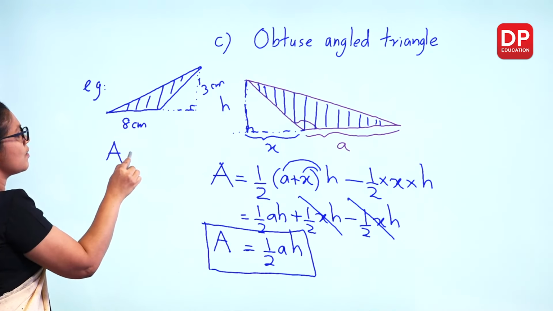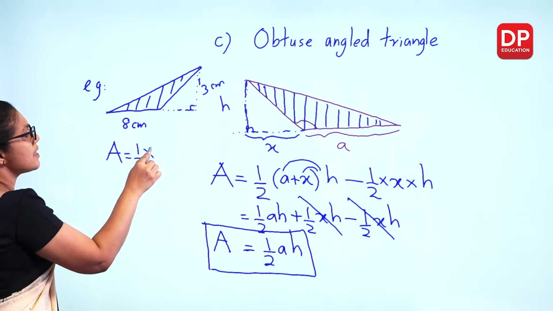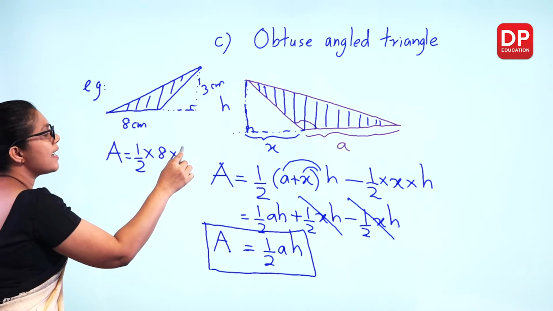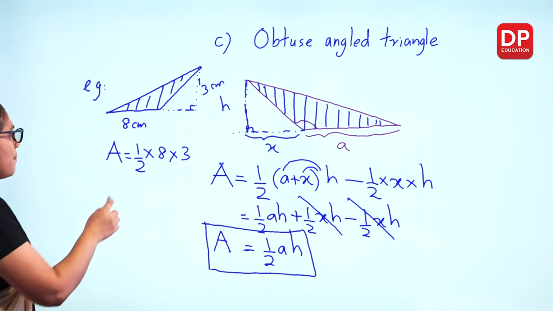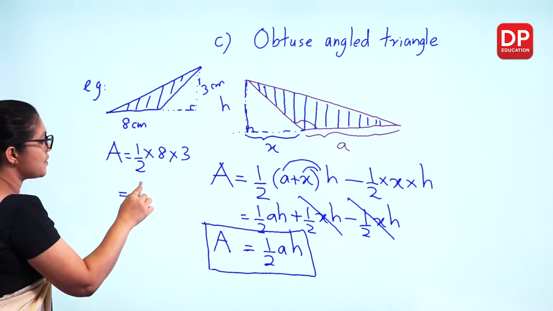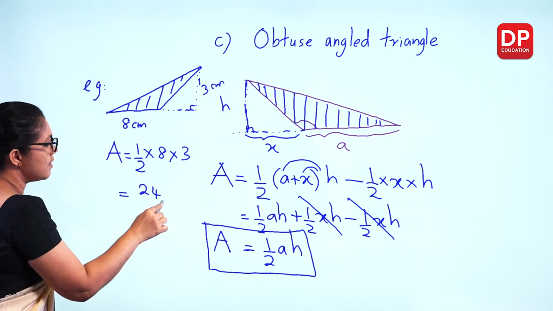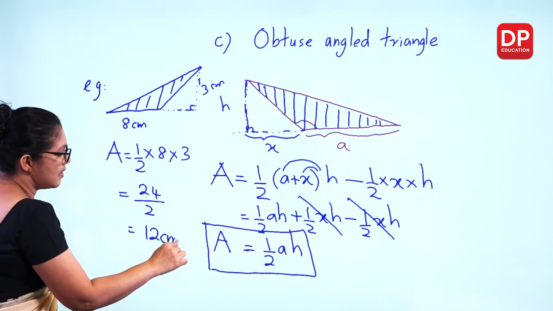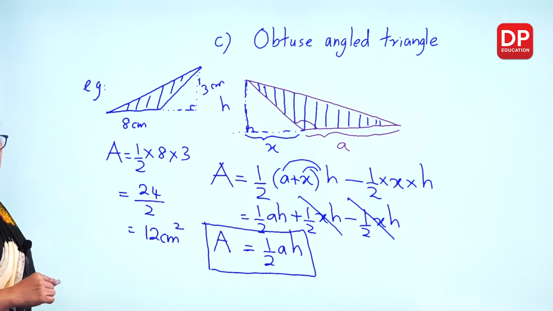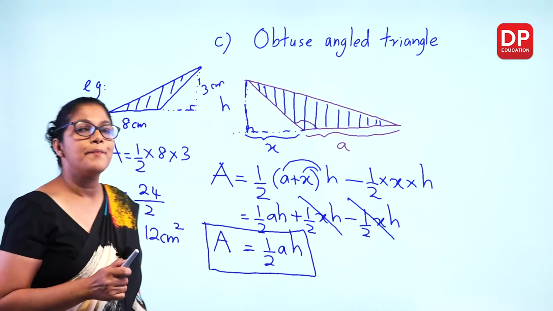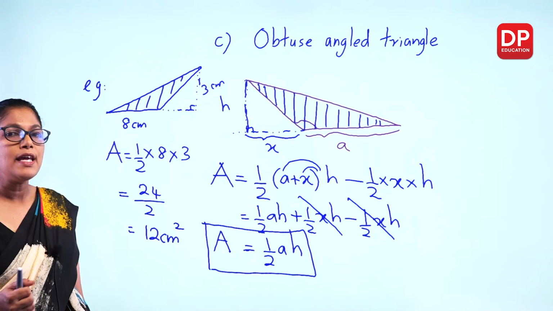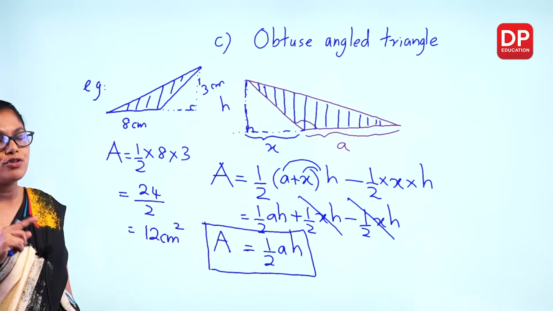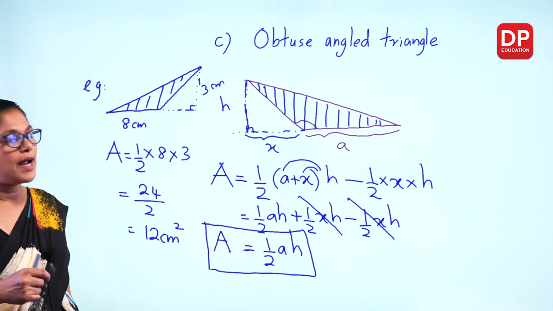So A is equal to half times the base length 8 and the perpendicular height is 3. So when you simplify, you get 8 times 3, 24, divide by 2, you get 12 square centimeters. So basically, in any triangle, if you know the base length and the perpendicular height, you just multiply and divide by 2.